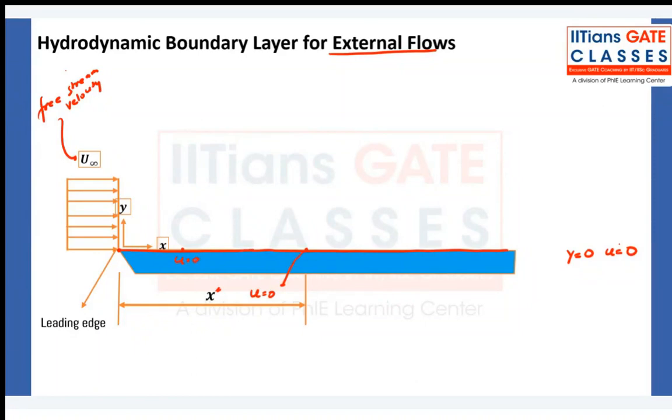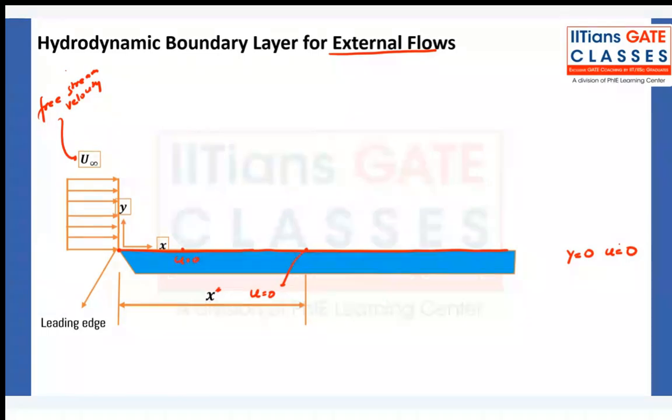The upper layers will be moving, but the layer adjacent to the plate will be fixed. The particles at the flat plate will have 0 velocity because of the no slip condition. Is it clear?